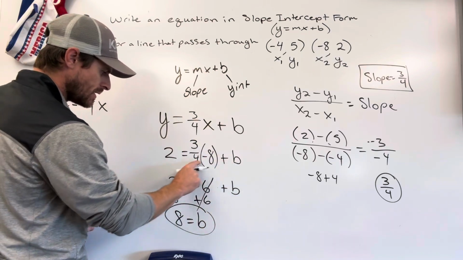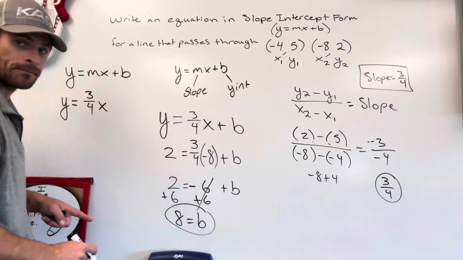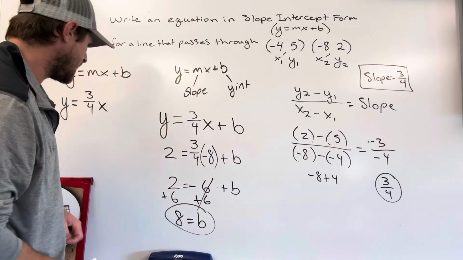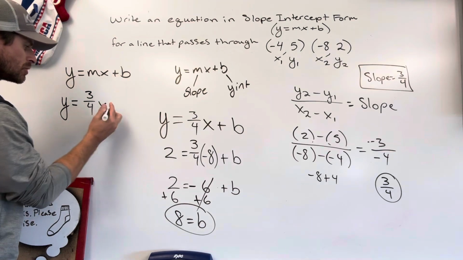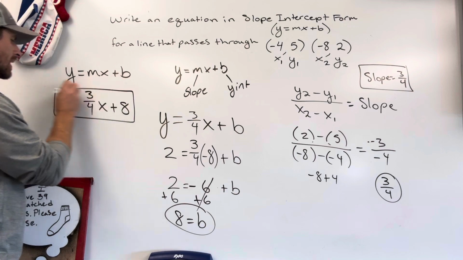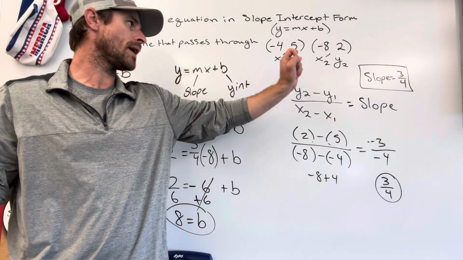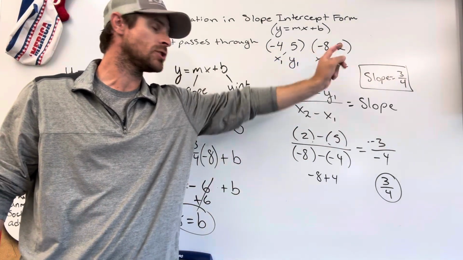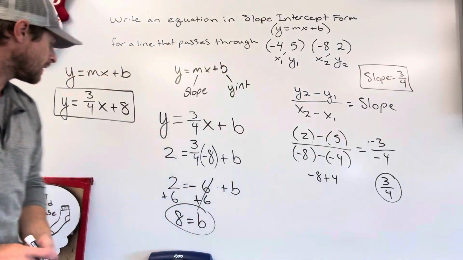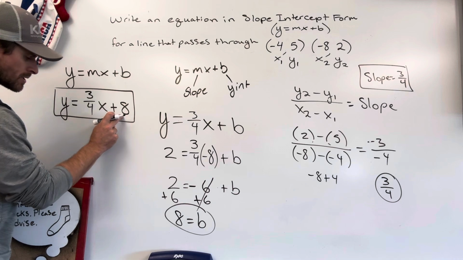So we cleaned all of this up and inverse operated to isolate the variable b. Now we know b is equal to 8, so I'm going to change this part to positive 8. The equation of the line that would go through -4, 5, as well as -8, 2 is a line that has a slope of 3/4 and a y-intercept of 8.